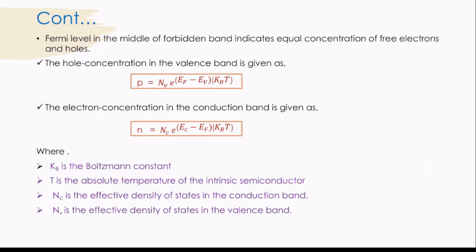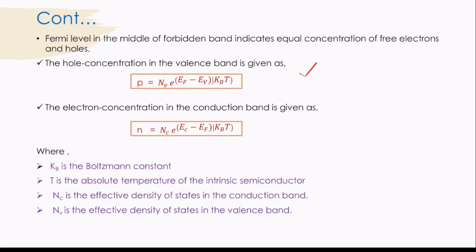This Fermi level, which is in between the forbidden gap or the forbidden band, indicates the equal concentration of free electrons and holes, and the expression for the hole concentration in the valence band is p is equal to Nv times e to the power of (Ef minus Ev) by KbT.